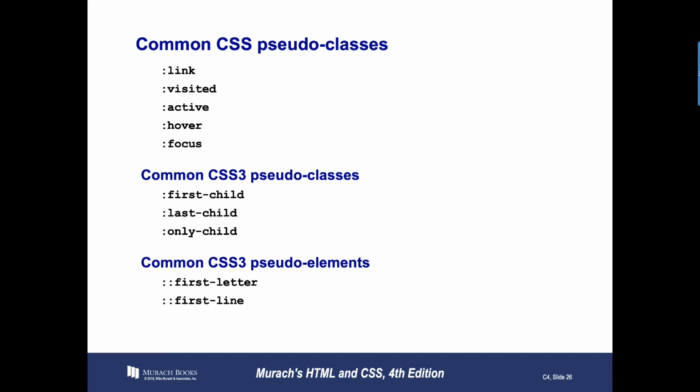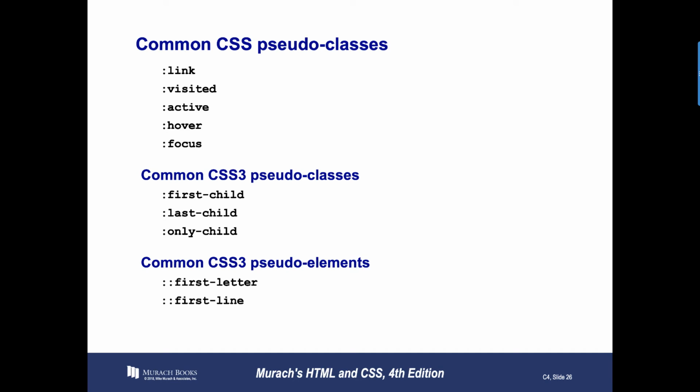And then there's something called pseudo-classes. And I'm going to throw this in Canvas. There is a video I have on styling anchor tags with these pseudo-classes. Link, visited, active, hover, and focus. Link is the default color of the link.